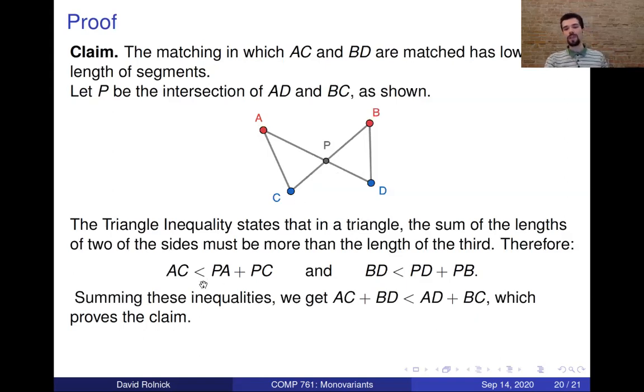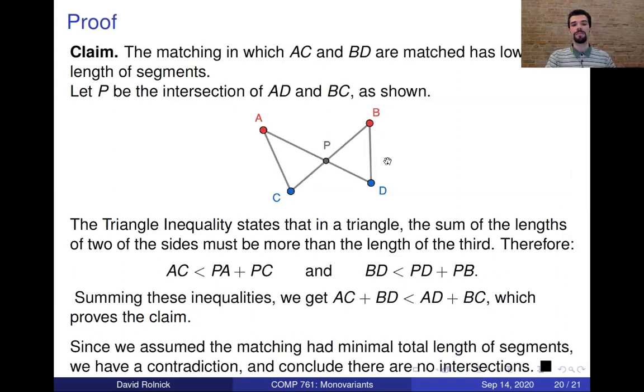And so summing these two inequalities, we can get AD plus BC on one side and AC plus BD on the other. So these two triangle inequalities come together to show that if we uncross the lines, then we're going to decrease the total length of the segments. We started out with AD and BC, and we ended up with AC and BD.